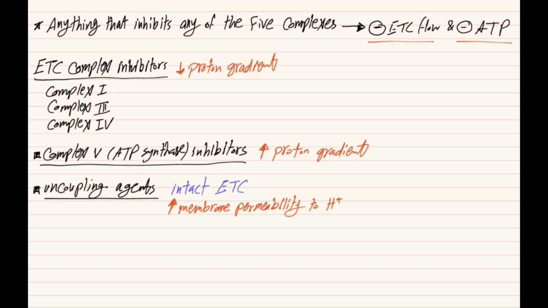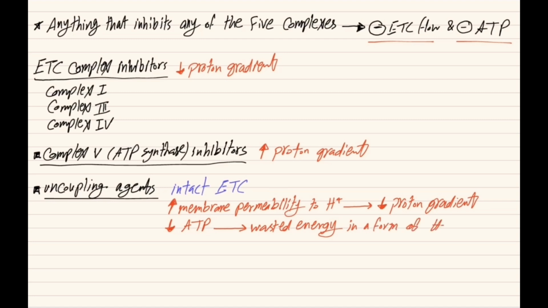And as you can see, if we do that, we're gonna lose our proton gradient and lose the ability to produce ATP. Since we're not using this energy created by the electron transport chain to produce ATP, then this energy is just gonna go wasted in the form of heat. So they can cause hyperthermia, meaning the body temperature goes very high.